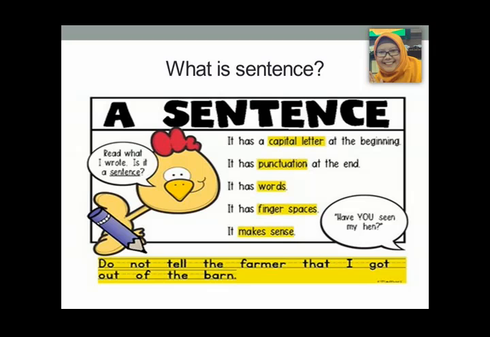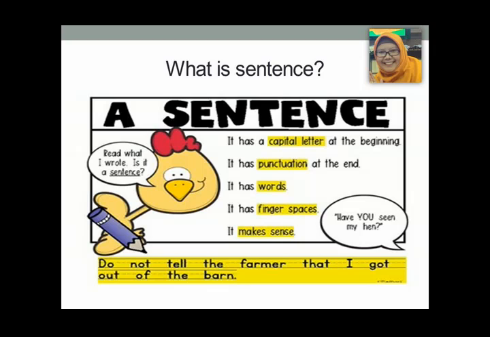This is something that some students commonly forget to do when writing their sentence. And then the second one is it has punctuation at the end.